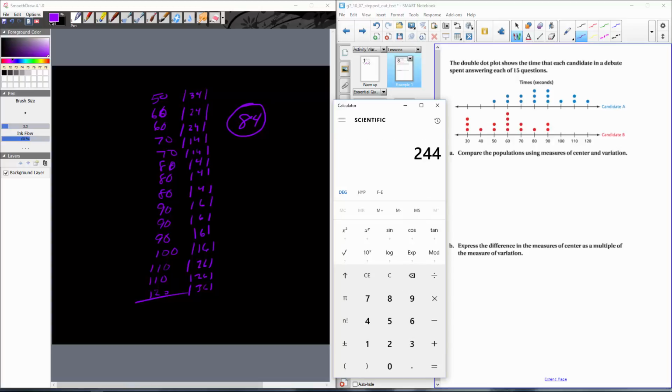And I have this number 244 divided by 15.